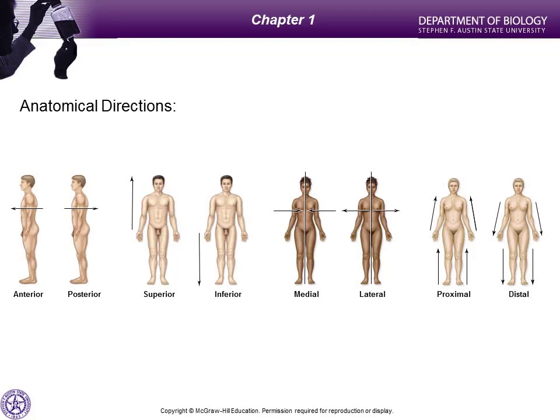The shoulder is more proximal to the body. Your fingers are more distal. But do you see how that sort of relates to medial and lateral as well? So you can use those terms in very similar ways, but really appendages, arms and legs, proximal and distal, medial and lateral, more the trunk of the body.